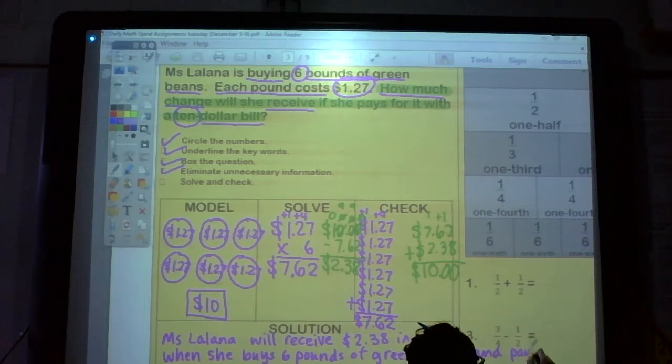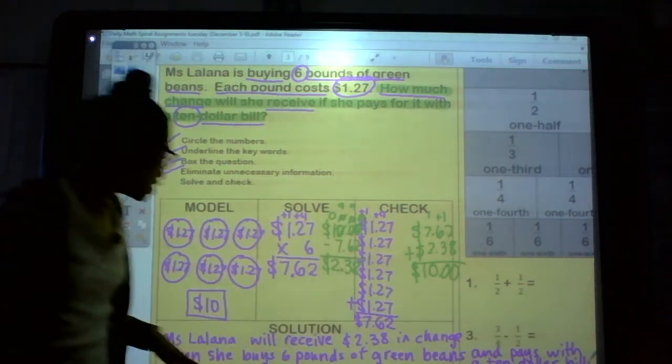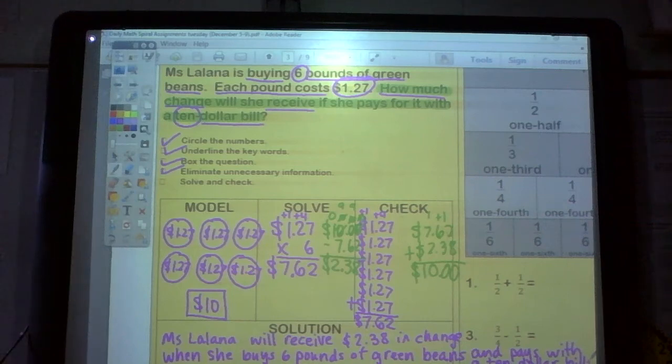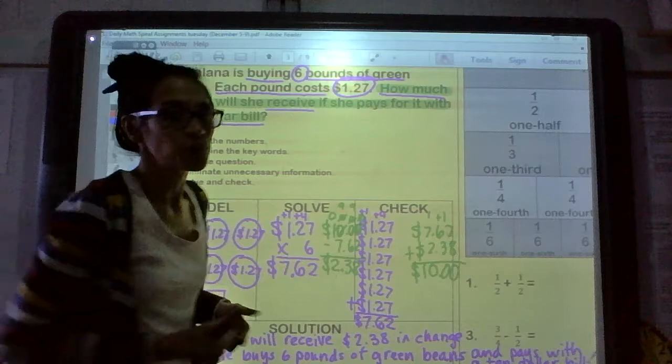And pays with a, squeeze it in, $10 bill. Oh my gosh, I need more space for that. So Miss Alana will receive $2.38 in change when she buys 6 pounds of green beans and pays with a $10 bill. Yes, we are done.